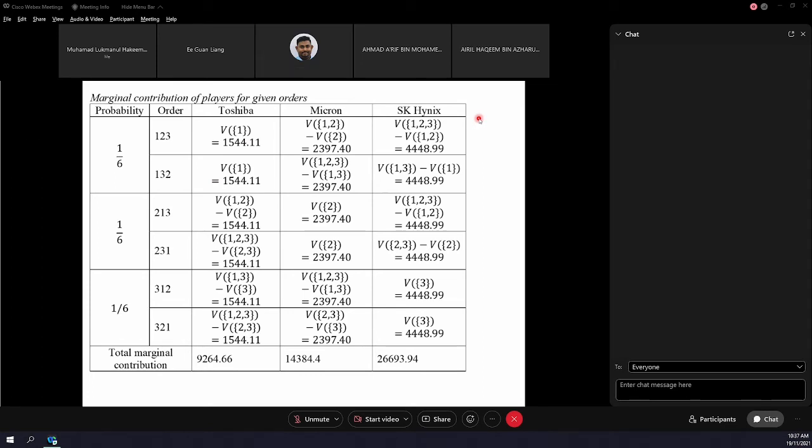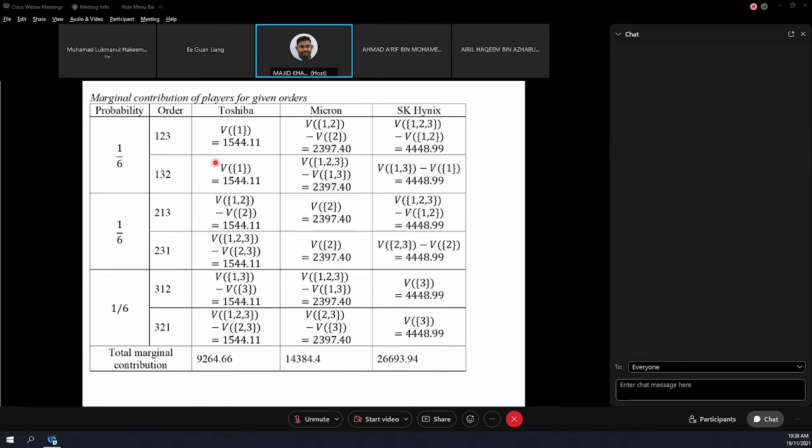Ariel? Hello, Doctor. Look at the first value, on the order of 132. May I know why the value is still the same? Why is the value still the same, like the upper order, 1, 2, 3?